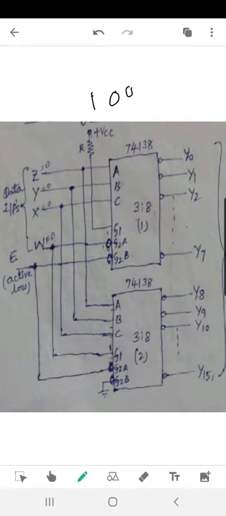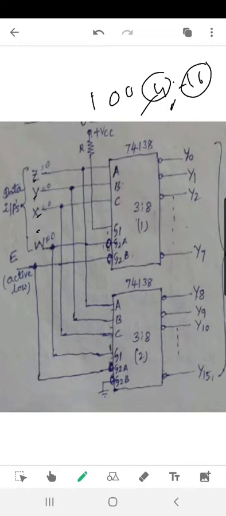Because we are developing a 4 to 16 decoder, that means 4 input lines and 16 output lines. We have considered W, X, Y, Z as our 4 inputs.